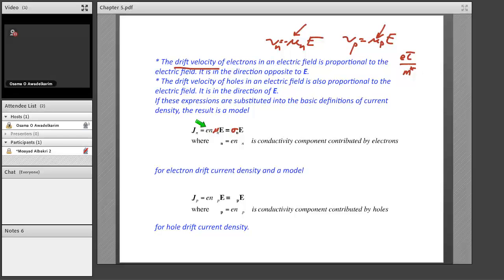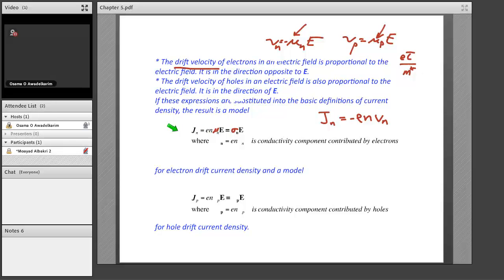So the magnitude of the current by electrons is e, the electronic charge, because remember, we found from that box example that J for electrons, Jn, is e n Vn. If we ignore the minus sign and just think about the magnitude, this is my e, this is my n, and instead of Vn, I have mu n E. So that is my expression for the current density from electrons.